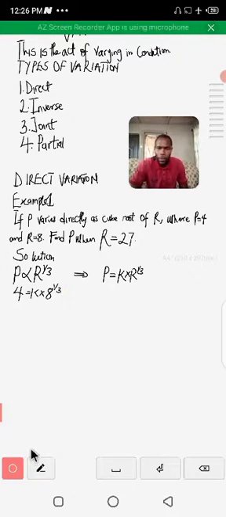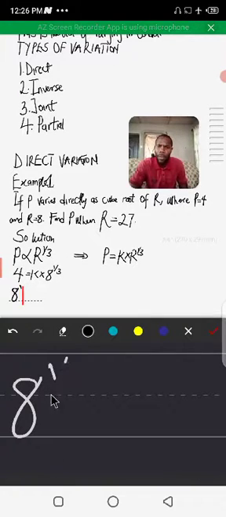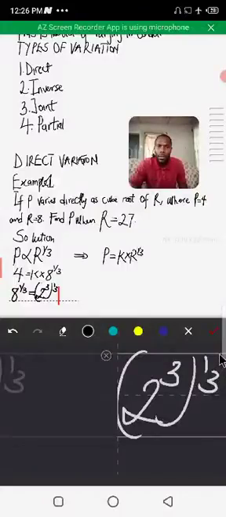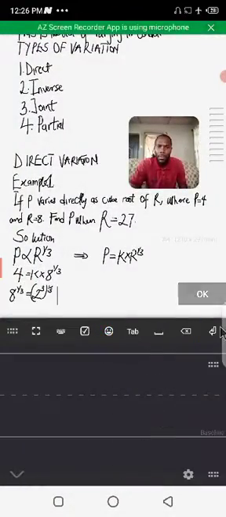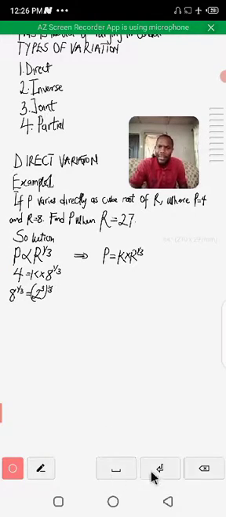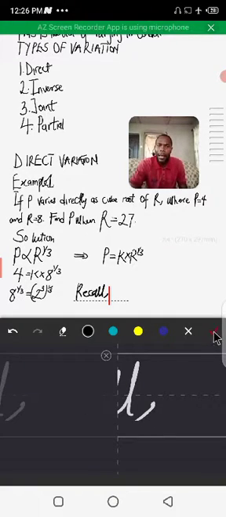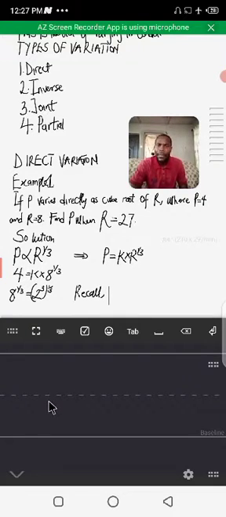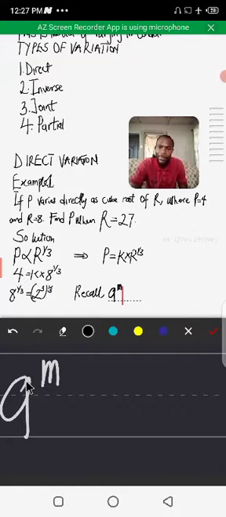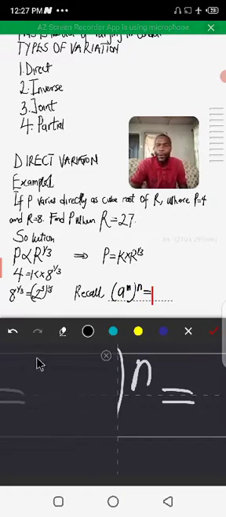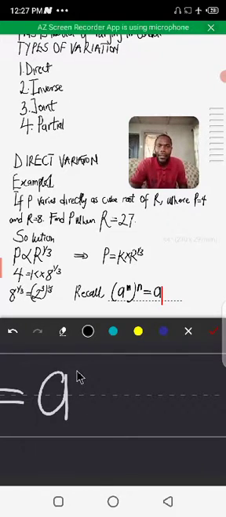But recall, there is another thing that we need to understand in this substitution. 8 raised to the power 1 over 3 can be written as 2 raised to the power 3, all raised to the power 1 over 3. From the law of indices, we recall that a raised to power m, raised to power n, is equal to a raised to power m times n.